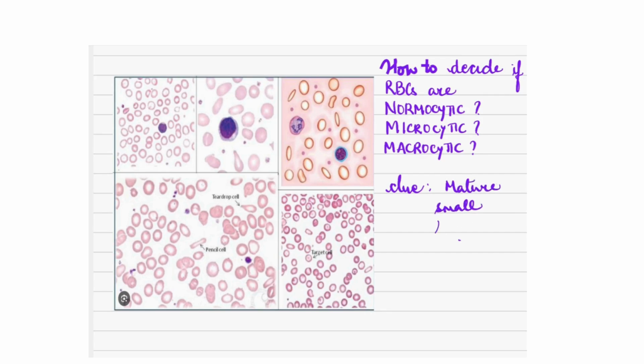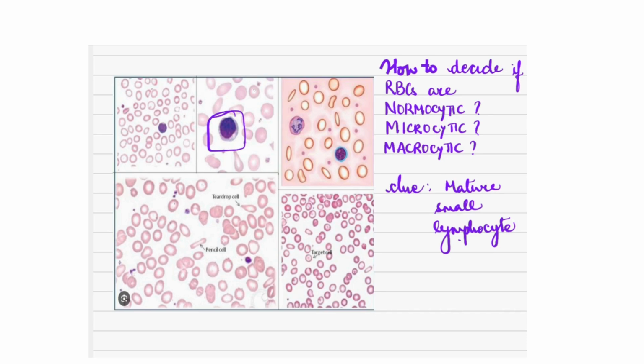The reference of comparison is the mature small lymphocyte, like here. Now if you see, this is the size. So the RBC is just a little smaller than the small lymphocyte. But if the size is significantly smaller or larger than the small lymphocyte, then you term those RBCs accordingly.